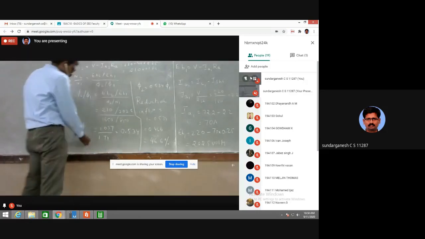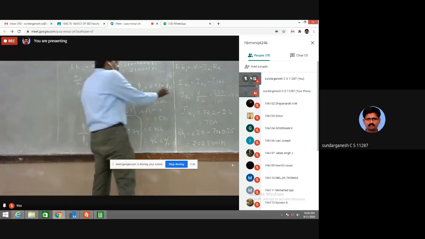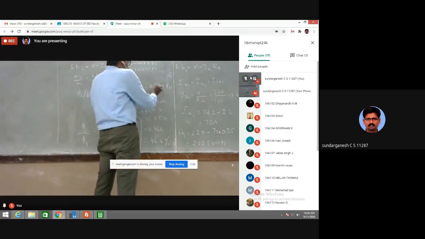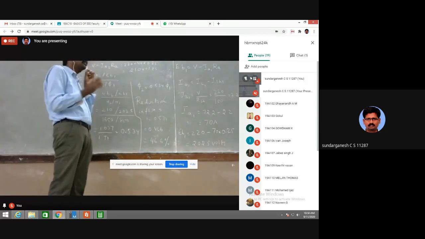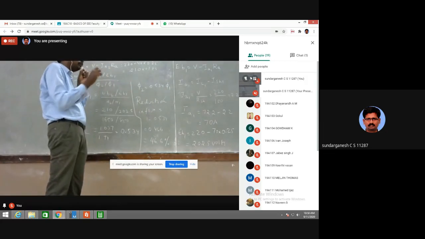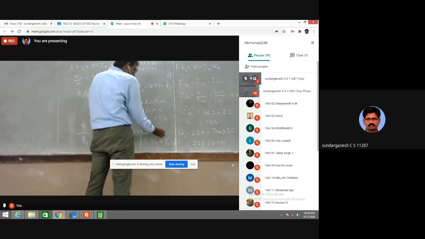Moving phi1 here, phi2 equal to 0.534 phi1. Initially it is the full value, now it is reduced to 0.534. So I have to subtract 0.534 from 1, which is equal to 0.466.